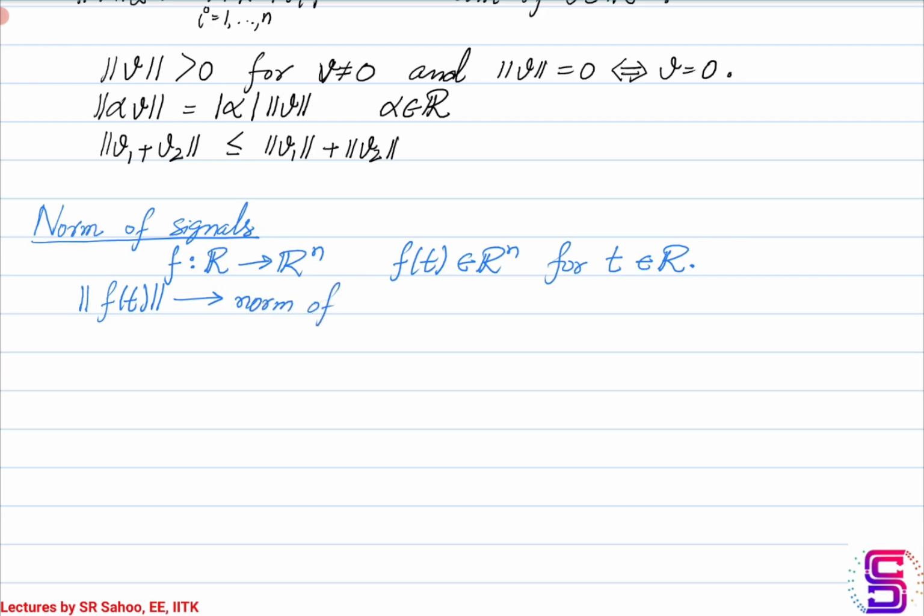But let's say someone asks, how do you define the two norm of the signal f itself, or some p norm of the signal f itself? These definitions rely on the definition for the norms of vectors that we have.